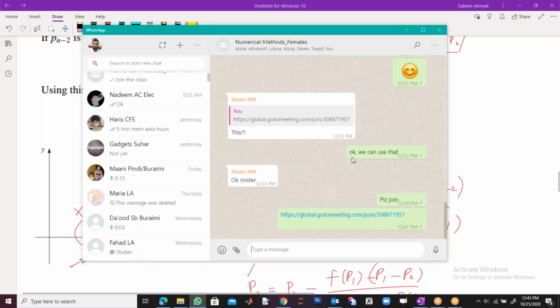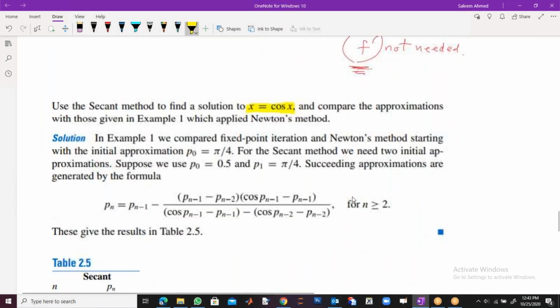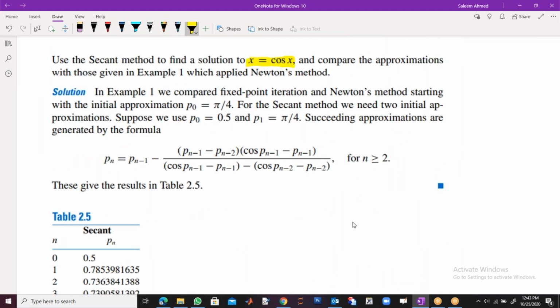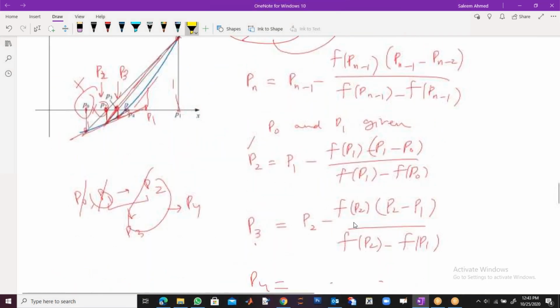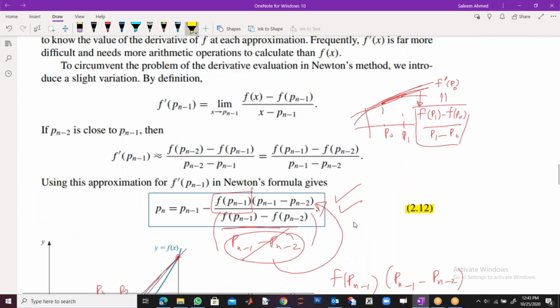So let me use that. If we replace f(x) is equal to cosine x, because my function is now cosine x minus x.